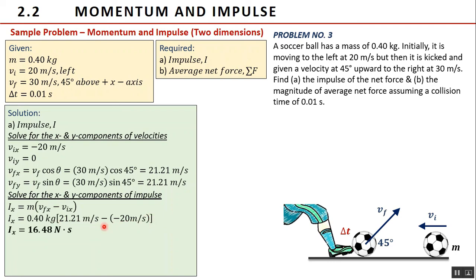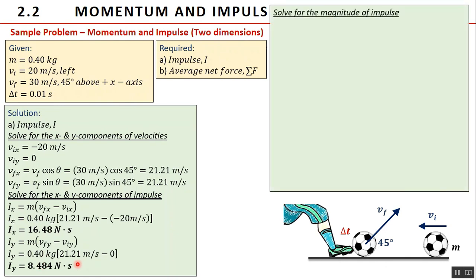So the x component of the impulse is 16.48 Newton-second. Now for the y component, we will do the same process. I sub y is equal to m, times the quantity, v sub fy minus v sub iy. Substituting the values, 0.4 times 21.21 minus 0. So the y component of the impulse is 8.484 Newton-second.